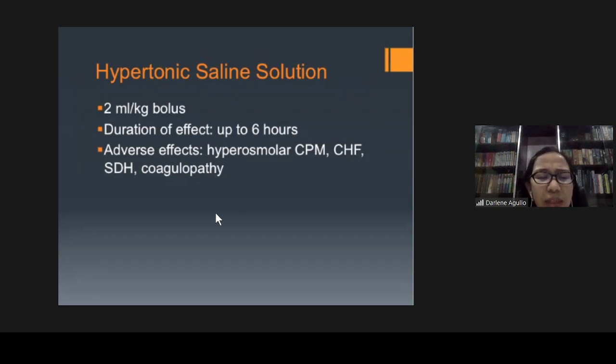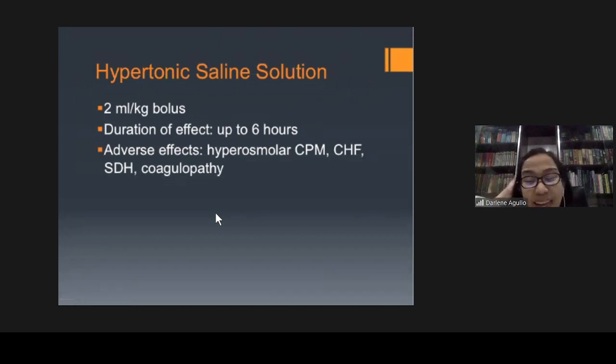But adverse effects include hyperosmolar central pontine myelinolysis, congestive heart failure, subdural hematoma, and coagulopathy. So there is more to watch out for with HTS. That's why sometimes we give just a single bolus of 2 ml per kilo, because the sodium is very high.